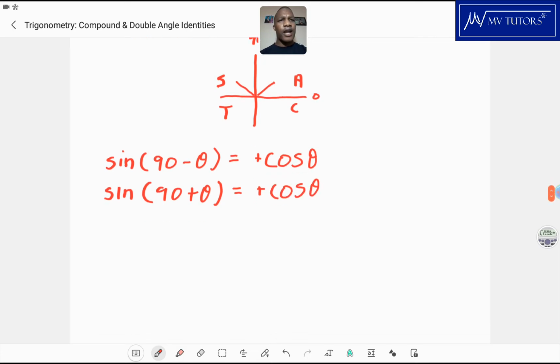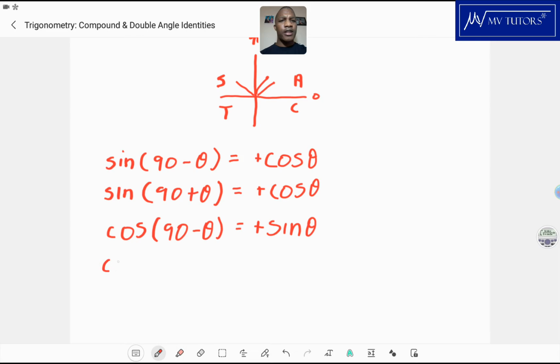Now let's look at cos 90 minus theta. 90 minus theta is on the first quadrant, so cos on the first quadrant is positive, and 90 minus theta changes a cos into a sine theta.